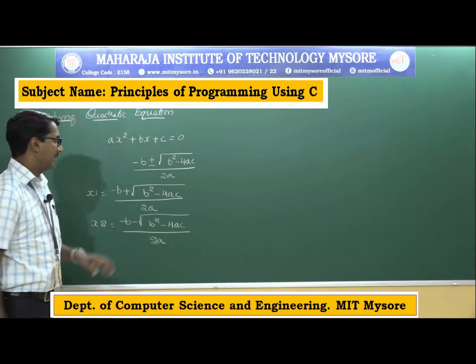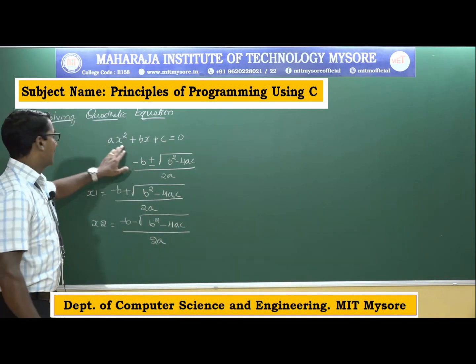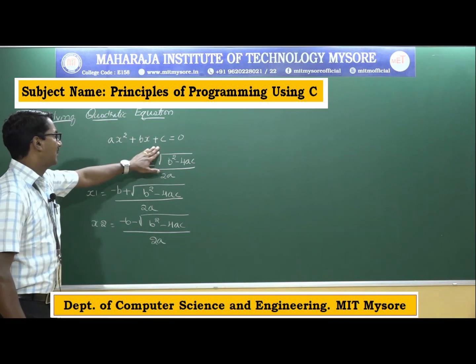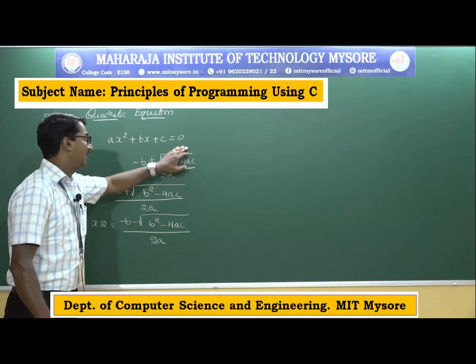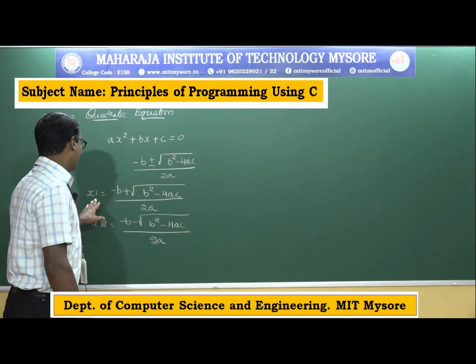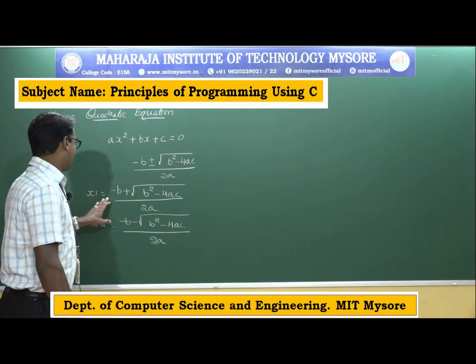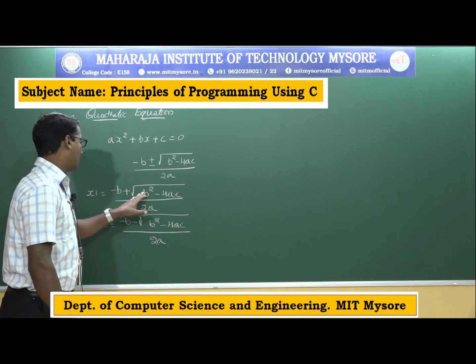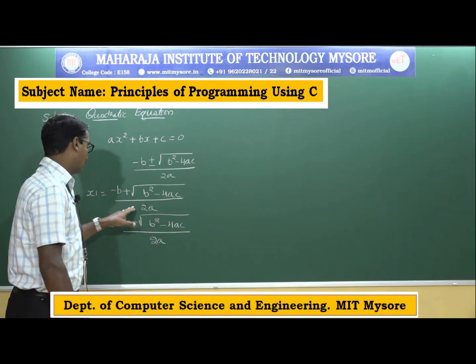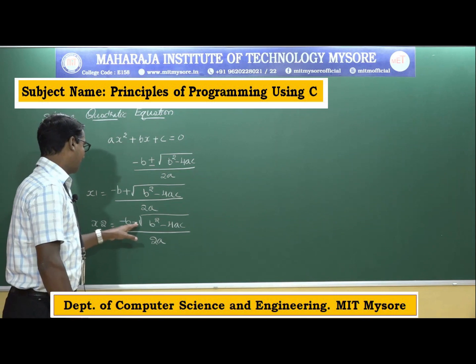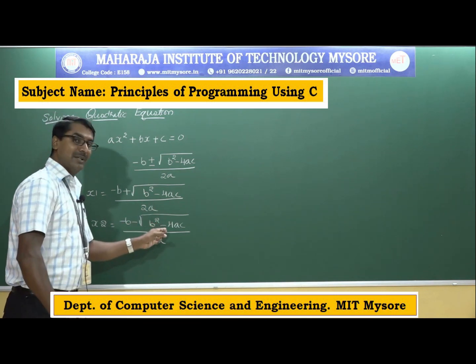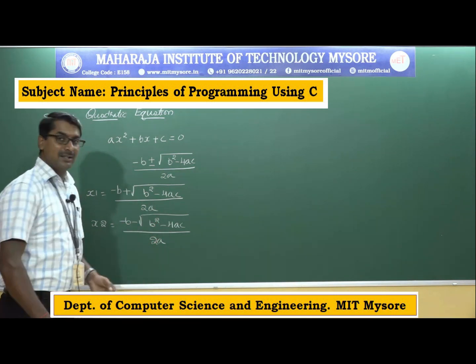So the quadratic equation ax square plus bx plus c is equal to 0 can be solved by using the formula x1 is equal to minus b plus square root of b square minus 4ac divided by 2a, x2 is equal to minus b minus square root of b square minus 4ac divided by 2a.